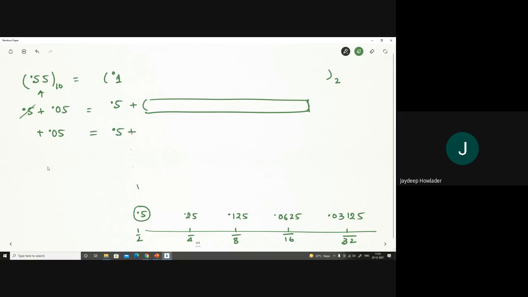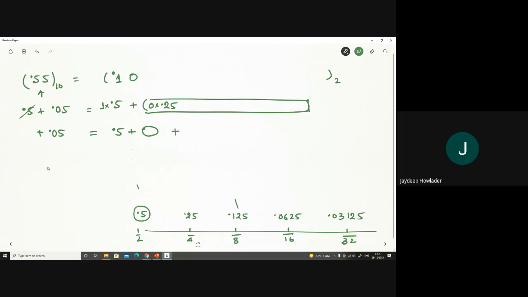So shall I take 0.25 here? No, sir, it will exceed the value. So I will not take this. So this will be a multiple of 0. I am not taking 0.025 either; this one is not taken.